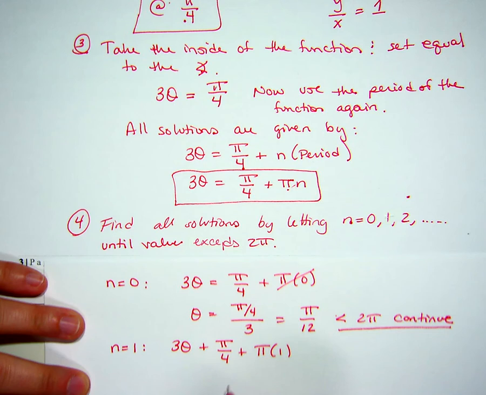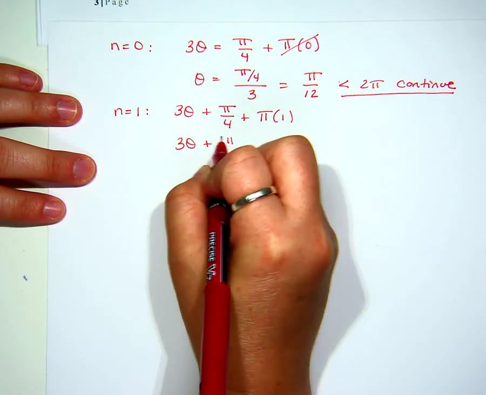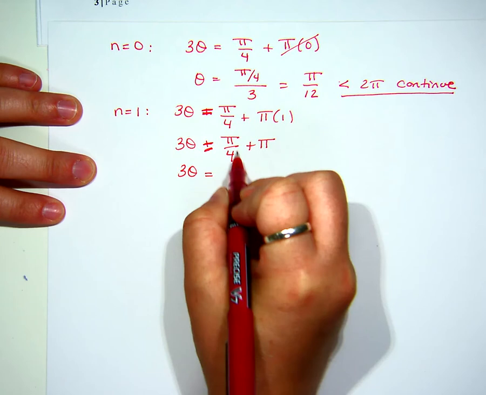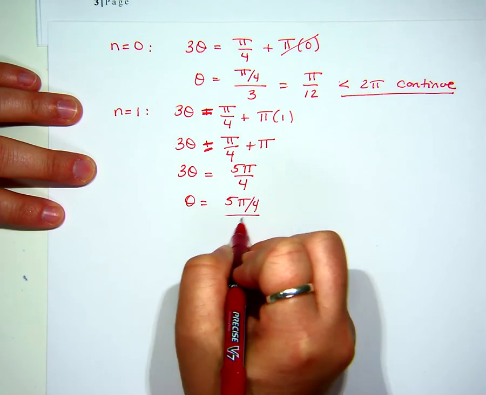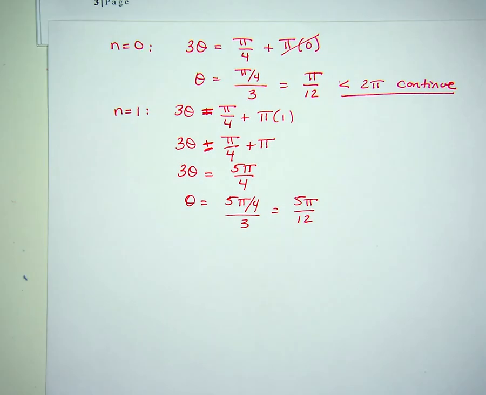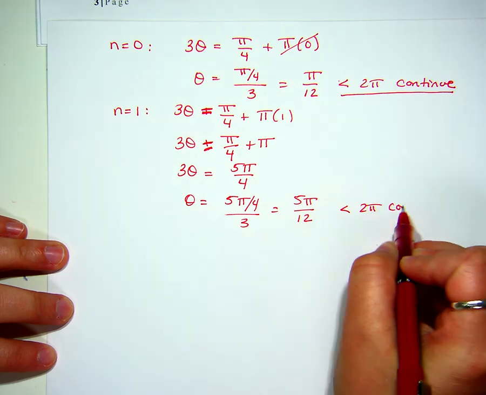That means I have 3 theta equals pi over 4 plus pi. 3 theta equals 5 pi over 4. Theta equals 5 pi over 4 over 3, or 5 pi over 12. Now, this is again less than 2 pi, which means continue.